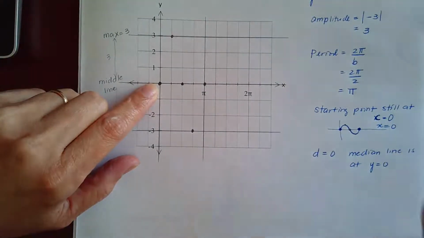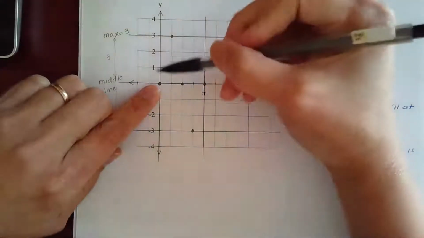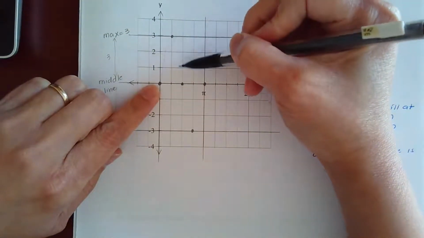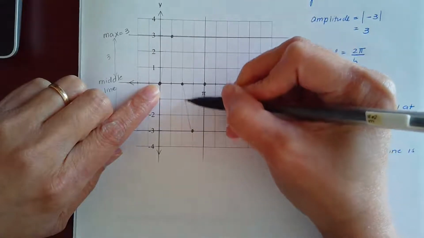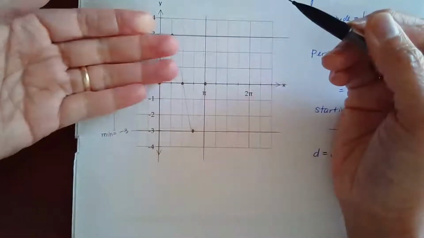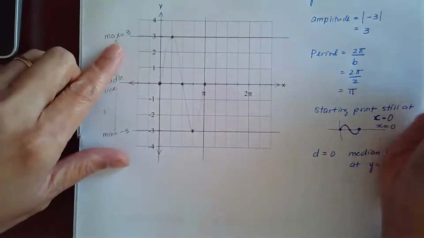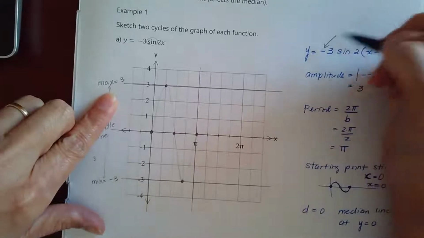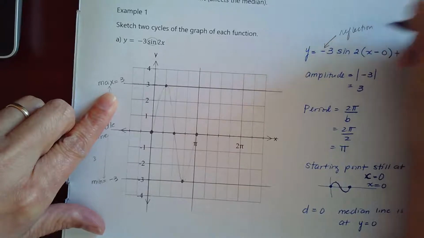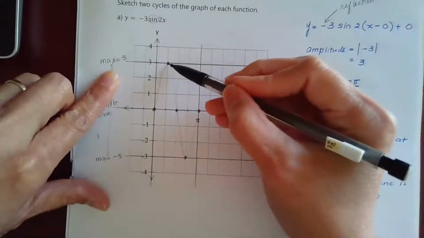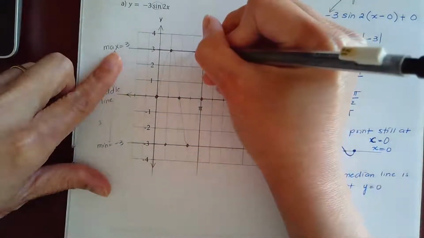Okay, so now we have these 5 points that we could do. One more thing that I have to do: this is what it would look like without the reflection into the x-axis. Because there's a reflection into the x-axis, now this one will be down here, and then this one will be up there.